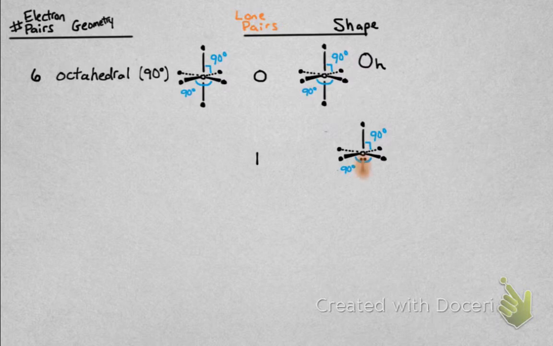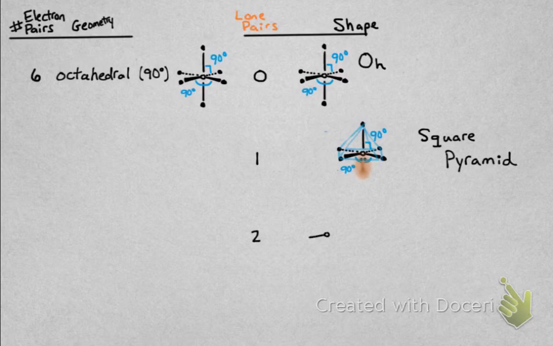So the 1 lone pair is in the bottom position, and what the shape looks like, in fact, is a pyramid with a square base, and so we call this a square pyramid. And then next, for 2 lone pairs, now we actually do have a choice of where to put the second set, right?